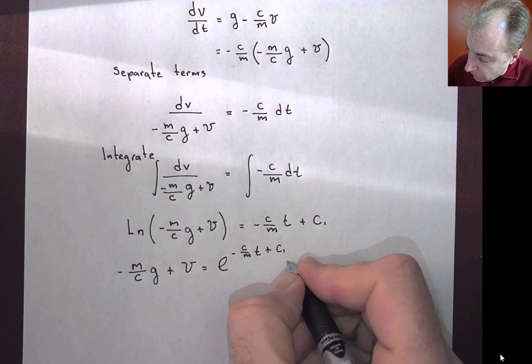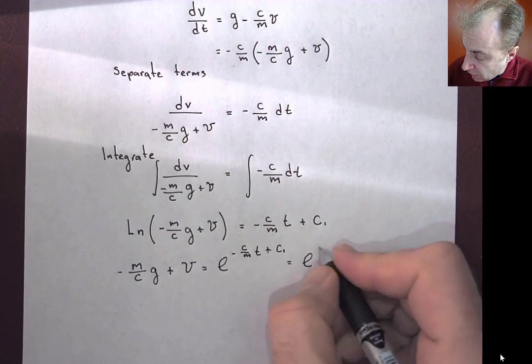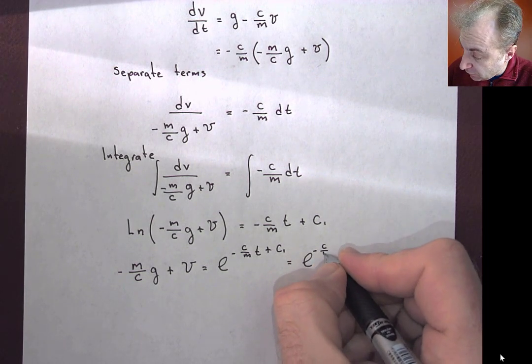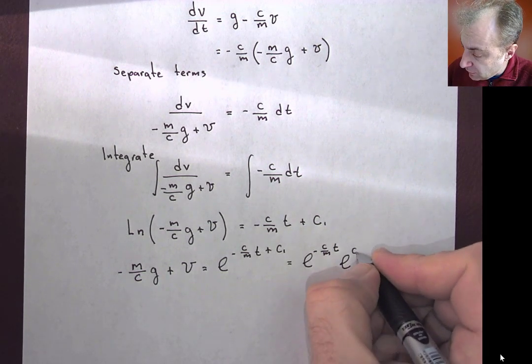If we apply some of the properties of exponentials, we can split the exponential. So we're going to have e to the minus c over m t times e to the c1.